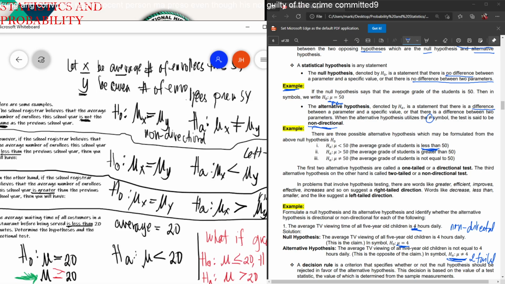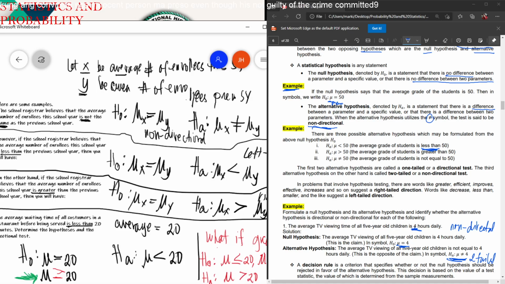You can just choose between the two, but be sure again that there is an equal sign for your null hypothesis, because if you forget to write the equal sign in your null hypothesis, that could be your alternative hypothesis. So you can have mu is equal to 20. You can have two choices.